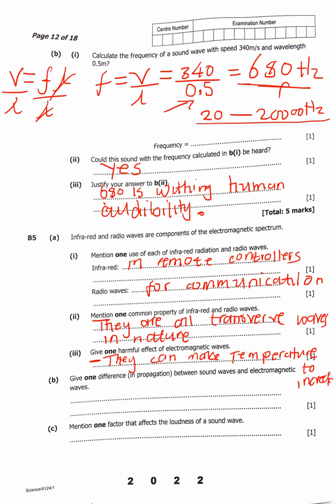Sound waves can travel in all directions from the source, while electromagnetic waves, such as light, travel in one direction.